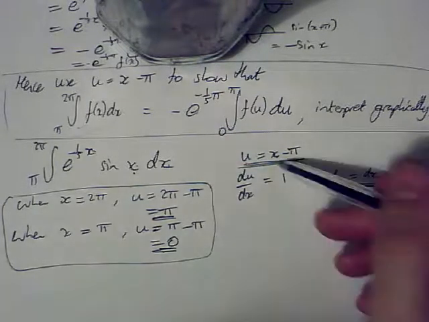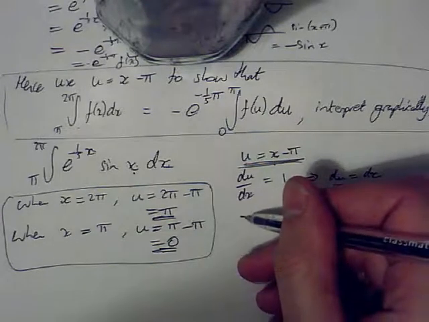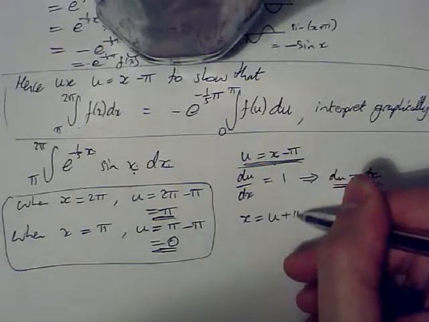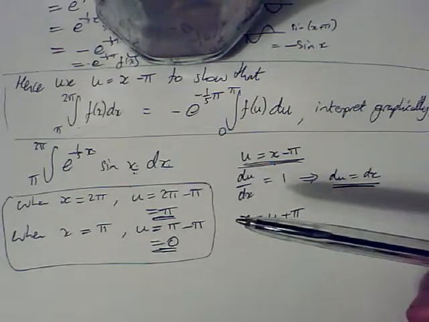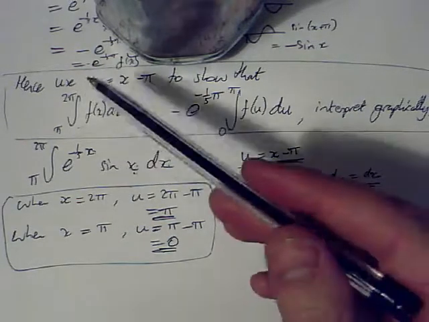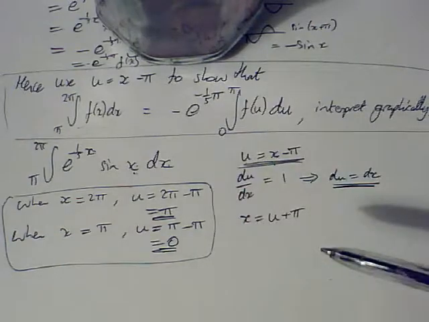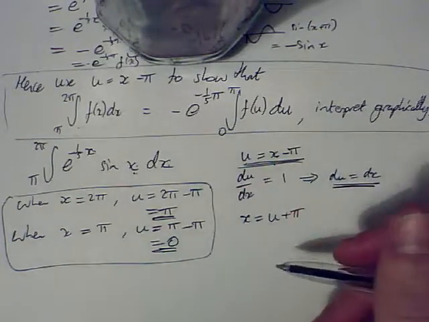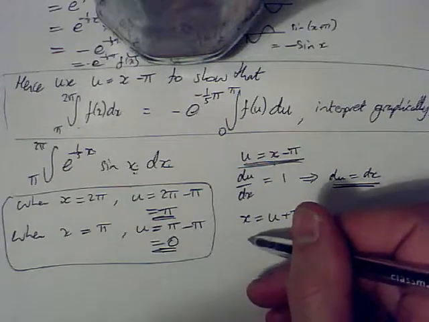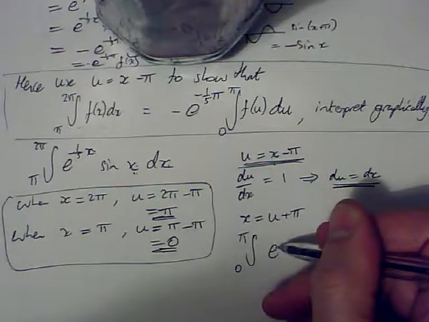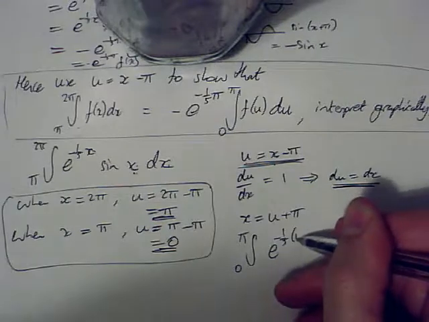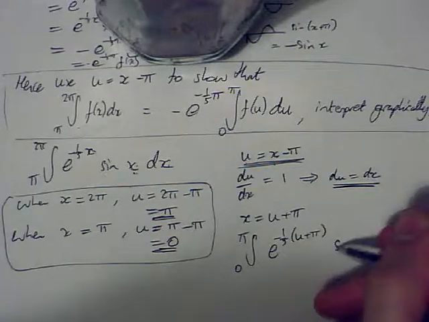Now then, we've got to replace these x's here with u's, which isn't that obvious perhaps when it's written like it is there, but if we rearrange that substitution, we work out x is u plus pi. So we can swap all the x's up here with u plus pi, which shouldn't be a surprise because we've had x plus pi previously in the question.